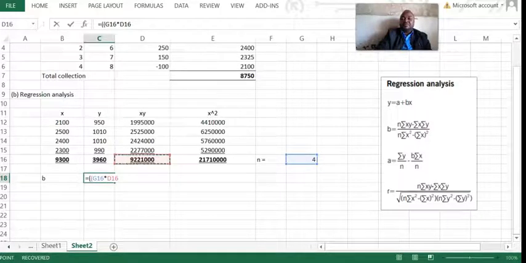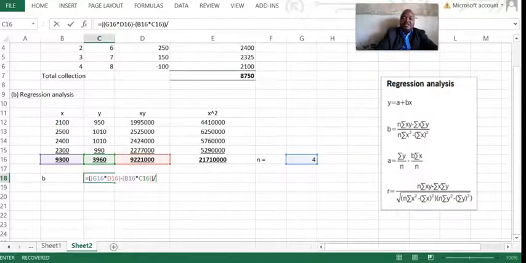All right. We close our bracket, minus summation. Let us open another bracket. Summation of x, this one, multiplied by summation of y, this one. Close our bracket, close the other one.